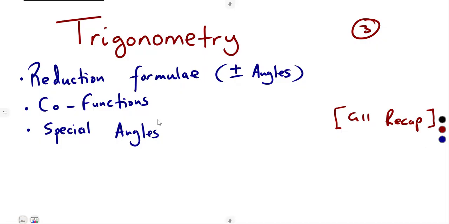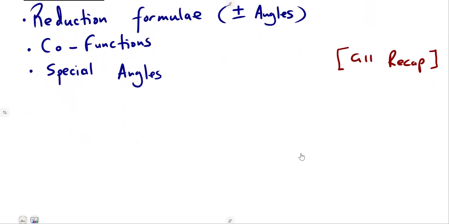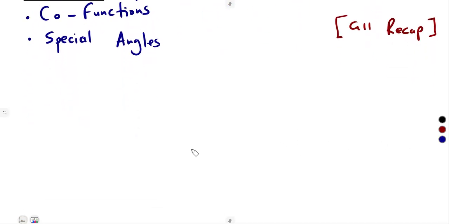All right, so this is it, guys. We do not have much to consider as we have done this one before. Remember that the reduction formula is actually used whenever we have a condition where the angle is not an acute angle, it is greater than 90 degrees.